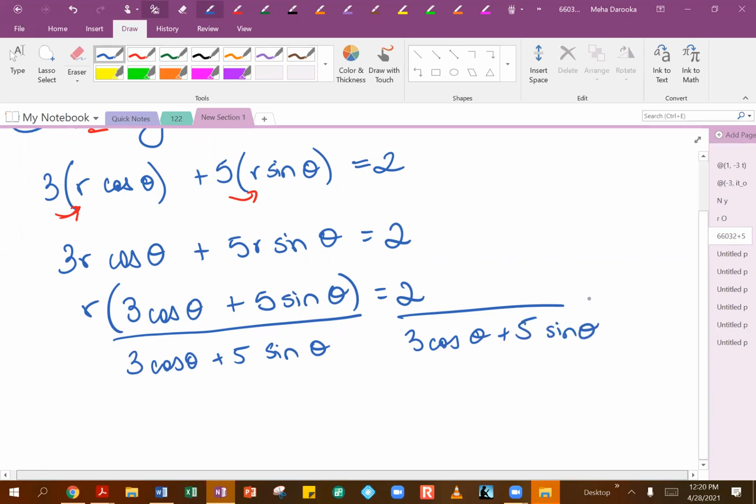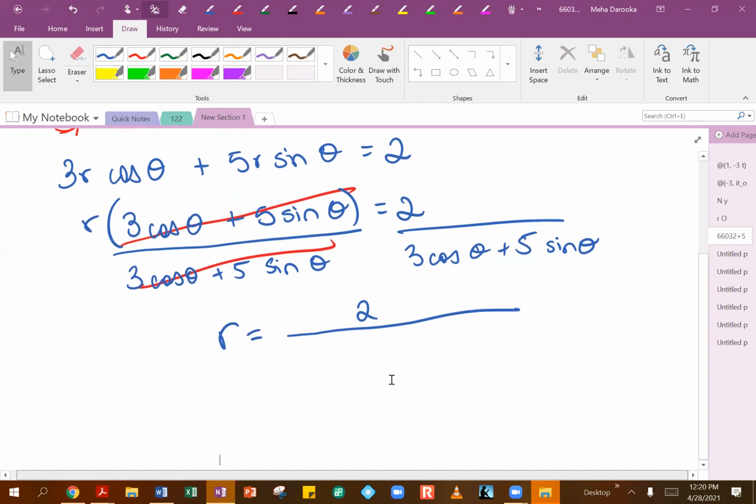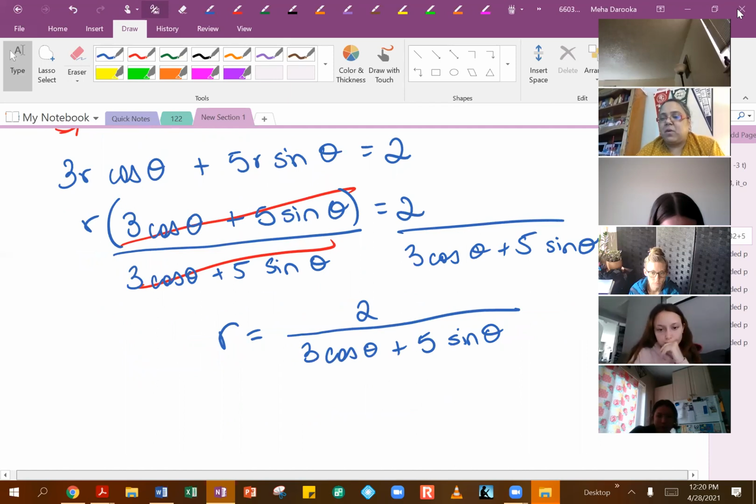This will help us get r by itself: r equals 2 divided by 3 cosine theta plus 5 sine theta. And that's all you are doing to convert this from rectangular to polar form.